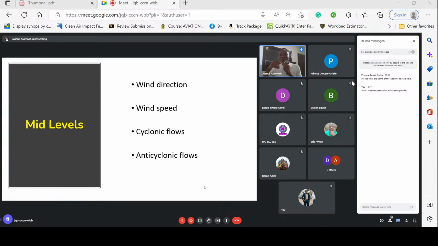Okay, so we are interested in the flows both at the low and the mid levels. We're also interested in the speed both at the lower and the mid levels. And we're also interested in the direction from the lower levels to the mid levels. So these are the things that we are interested in.